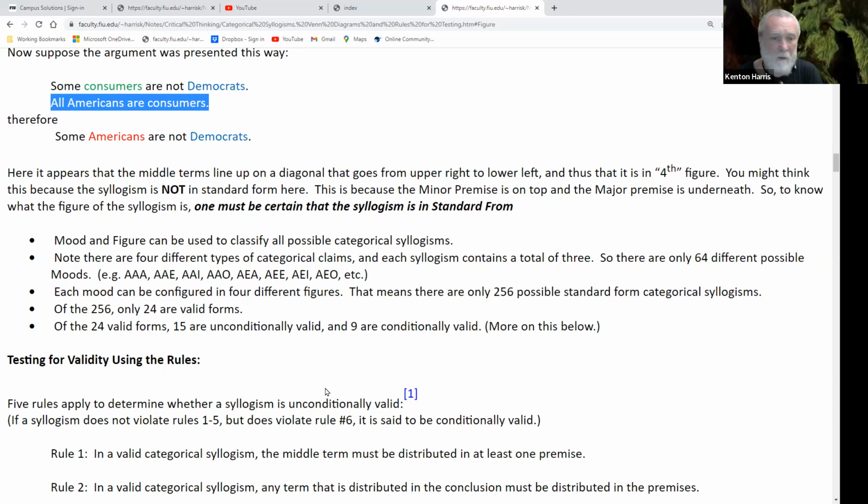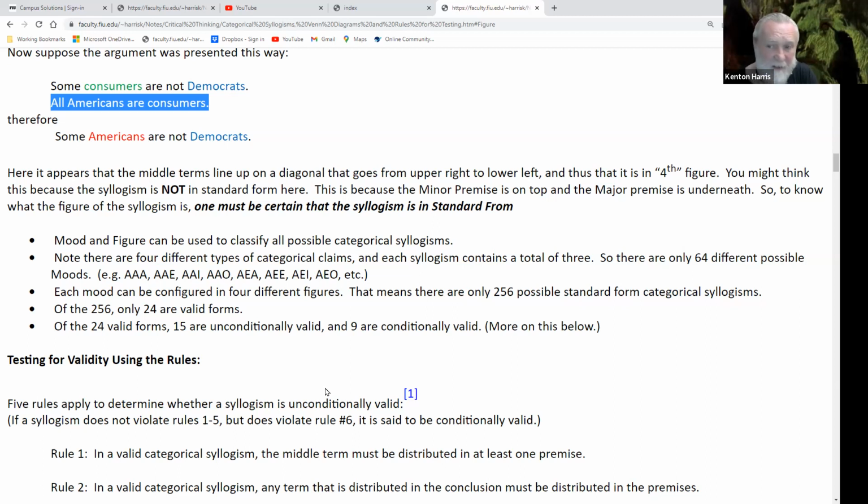If you start with AAA, AAE, AAI, AAO, and just enumerate all of them, you exhaust them after 64. So those are the moods. Now, each mood can be in one of 4 different figures, right?